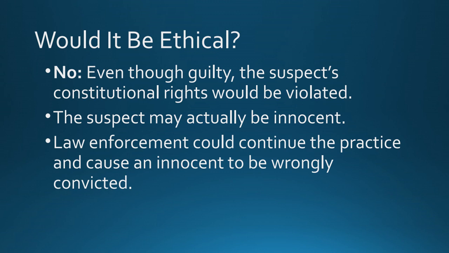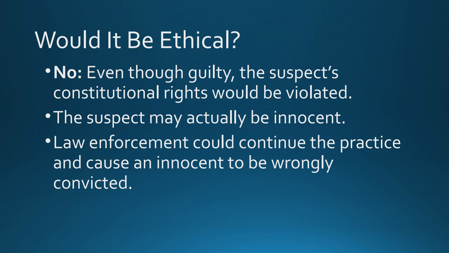Social justice theory would view law enforcement violating a suspect's constitutional rights, Fourth Amendment rights, even if they're guilty, as unethical, because they're violating that suspect's constitutional rights. And there is a chance that the suspect might be innocent.